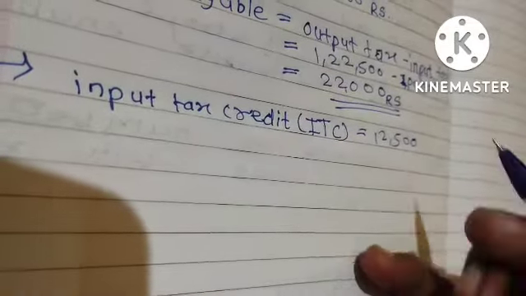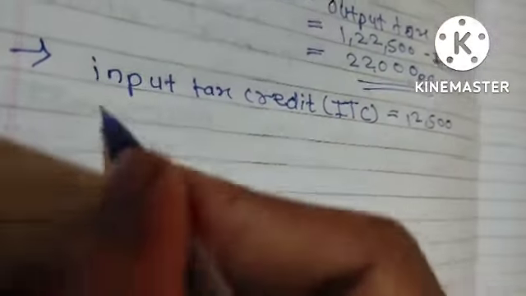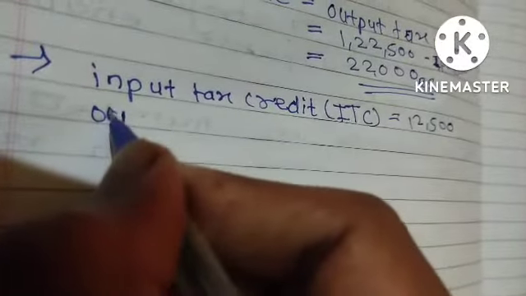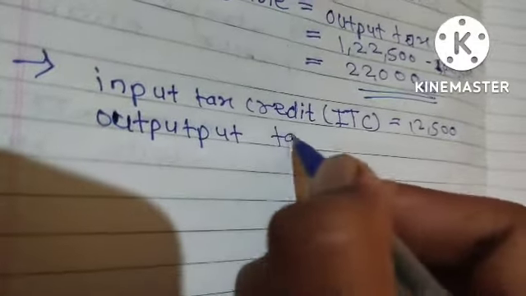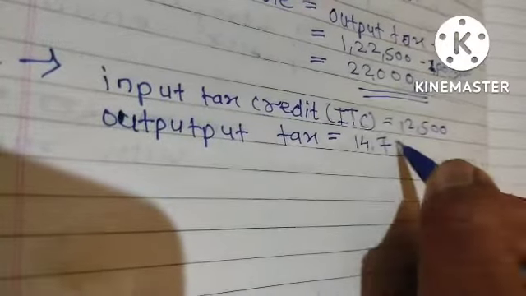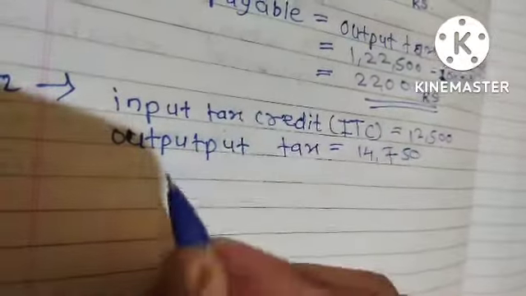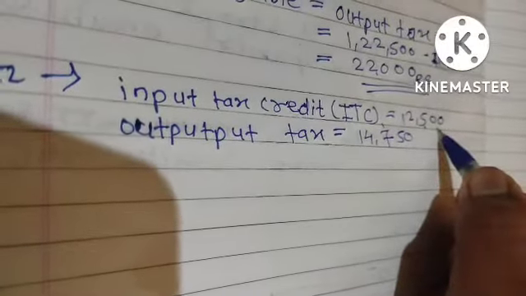This is the tax paid at the time of purchase. Let's see output tax. Output tax is equal to 14,750 rupees. So what is the ITC? We have to find the ITC. It is 12,500 rupees.